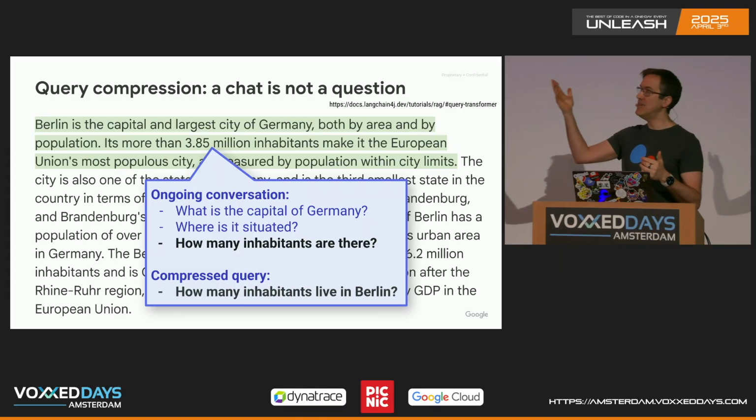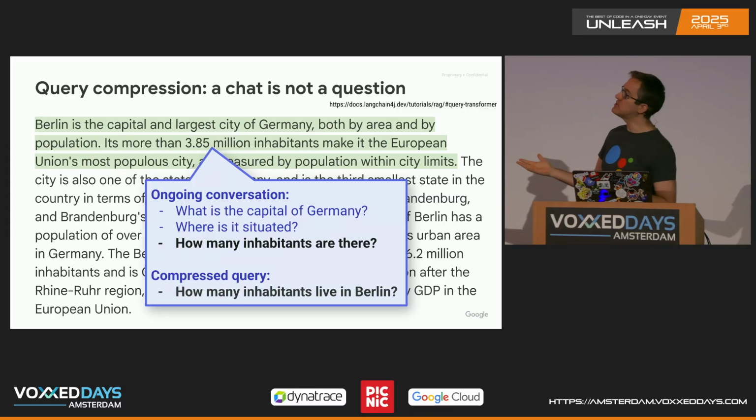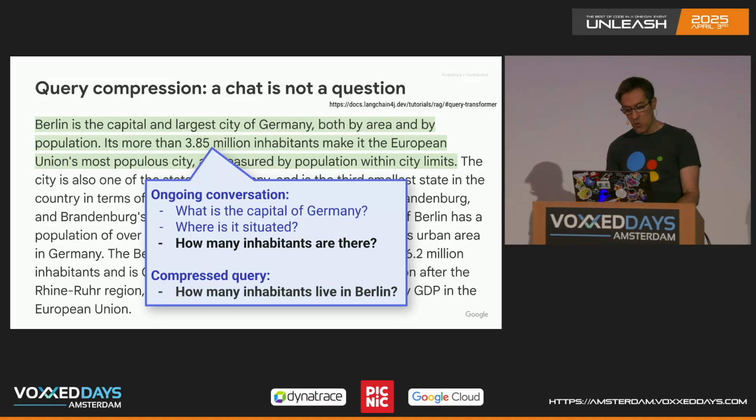And you see we're starting to use pronouns. Or, how many inhabitants live there? But if you try to compare that question with what's stored in our vector database, we are losing some information. We'd like to know in which place we want the number of inhabitants. So that's where we can use what we call a compressed query.